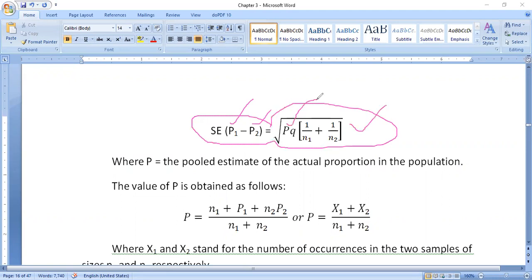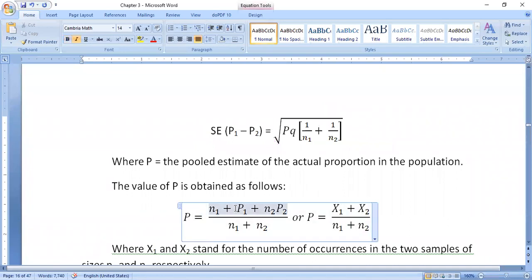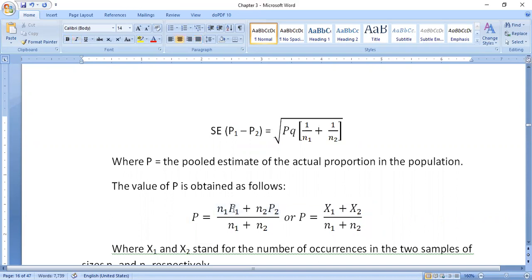So we have to find the p value first of all. After getting the p value, it is very easy to find the q value also. To obtain the p value, the principle is p equals n1 into p1 plus n2 into p2 divided by n1 plus n2.